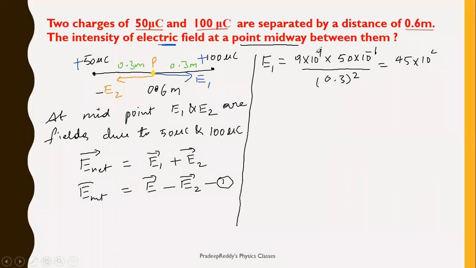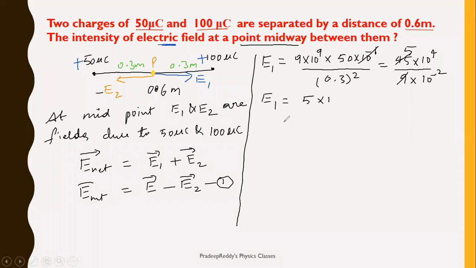Minus 6 goes here, remaining will be 3 plus 1, 4. 10 power 4 divided by 3 square is 9 into 10 power minus 1 whole square is 10 power minus 2. 9 5s are 45. So E1 is equal to 5 into 10 power 6 Newton per coulomb.